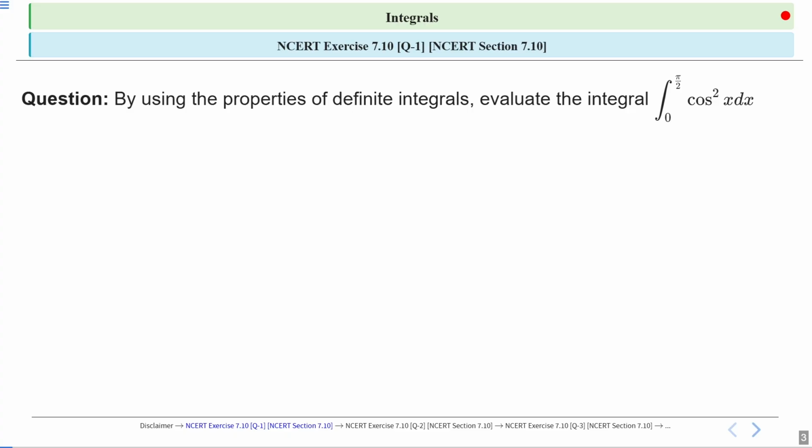But can we use any of the 7 properties so that this integral is converted into an easier form, where we find the definite integral comparatively easier than the direct method?